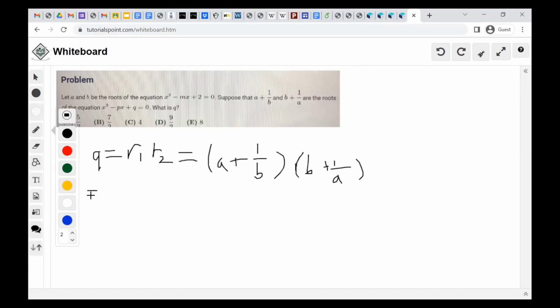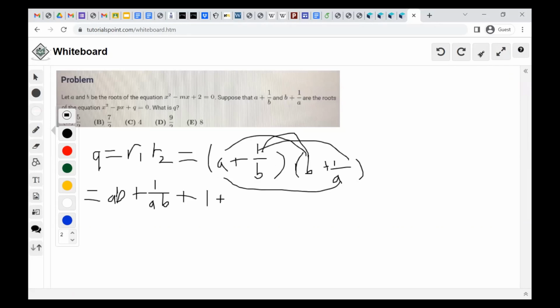When we expand this, we get ab plus 1 over ab plus, 1 over b times b is 1, and 1 over a times a is 1, so plus 1 plus 1.